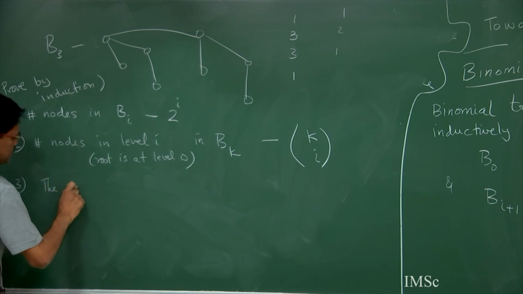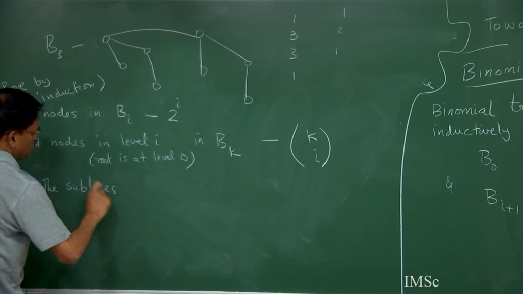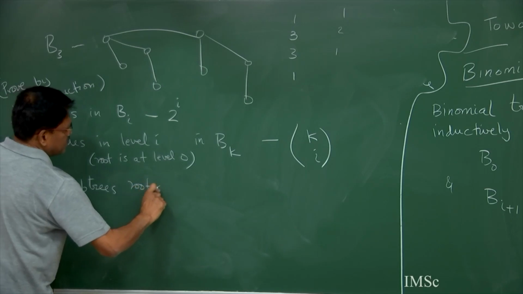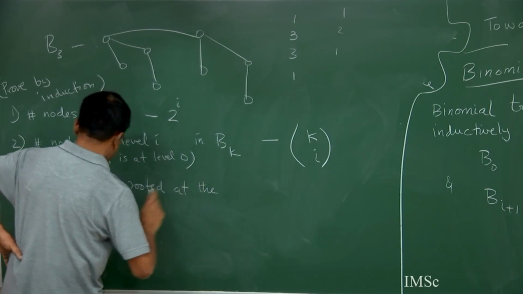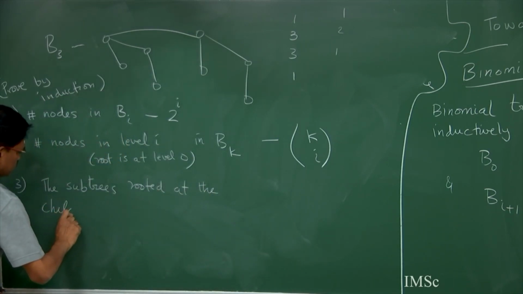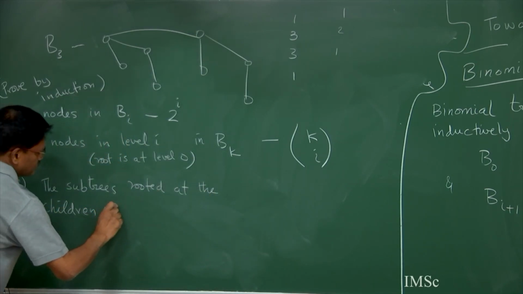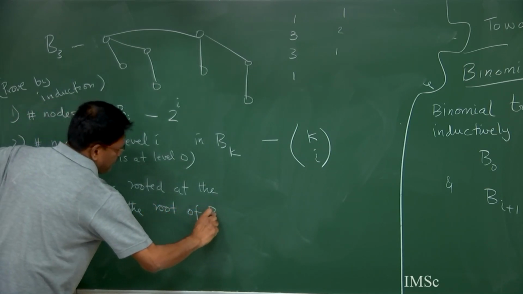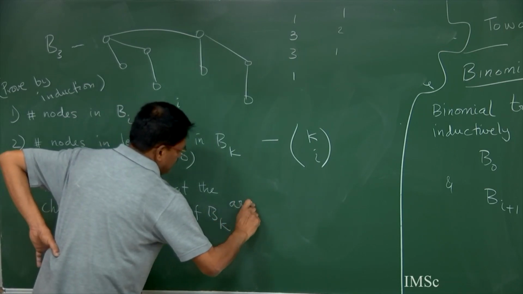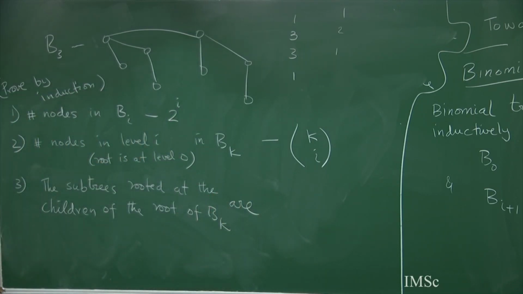Okay, the subtrees rooted at the children of the root. Just parse the sentence first. So, what am I saying? Look at the root of Bk and look at its children.